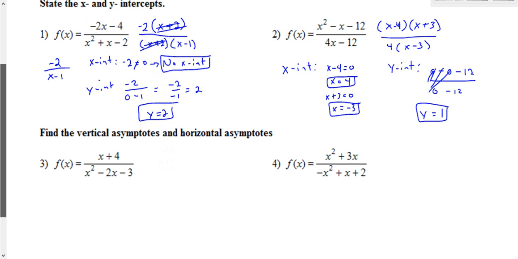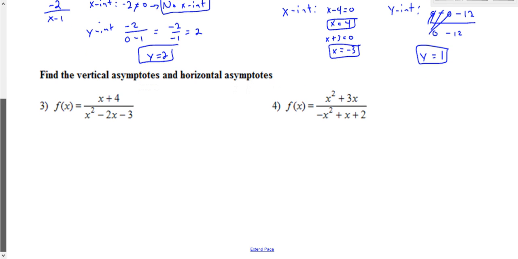Now I will go down to the number 3 and 4 for the vertical and horizontal asymptotes. So again, I need to factor. So I will get x plus 4 over x minus 3 times x plus 1.